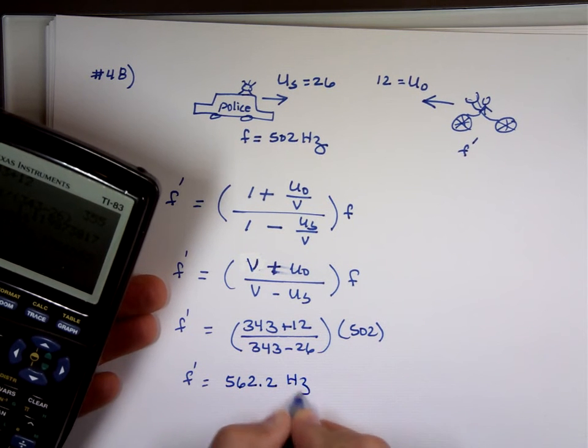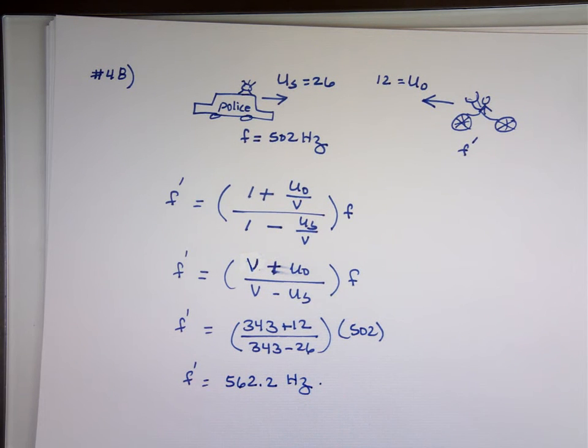So let's see, is it two significant digits? 560 if it's two significant digits. Doesn't say anything. Since the numbers are three significant digits, I'll write three significant: 562. Submit. Correct.